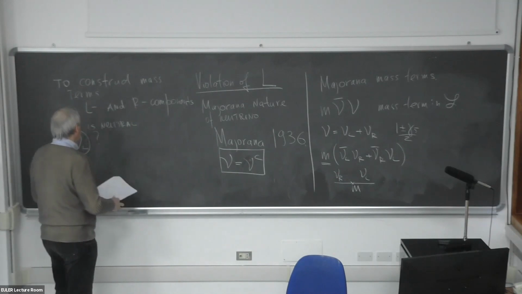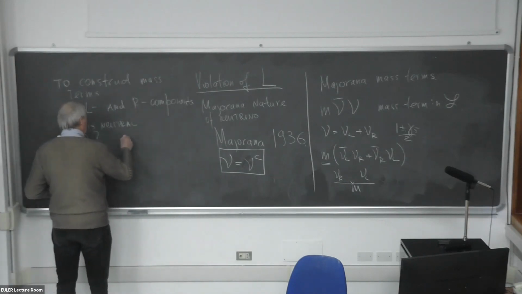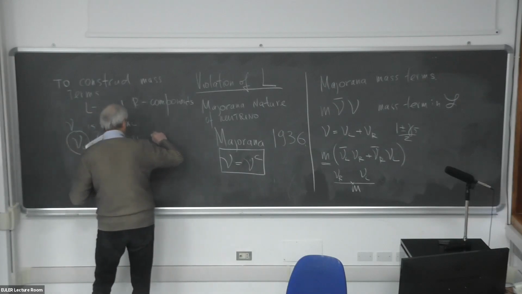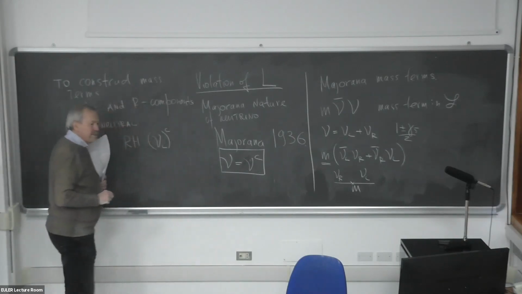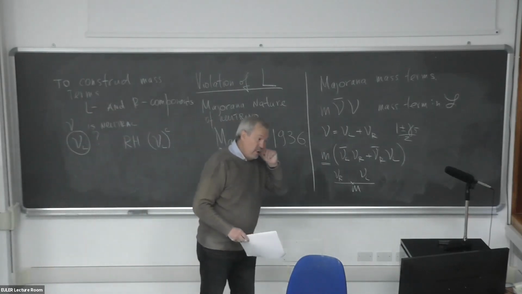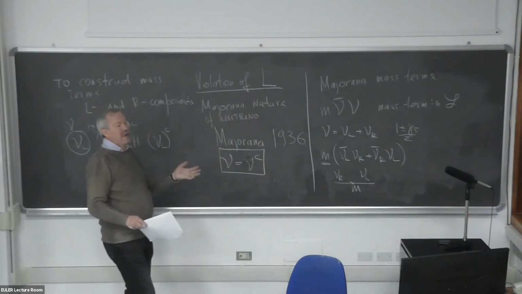So can we construct a mass term, and we have no right-handed component of neutrino? The answer is yes, and we can build up the right-handed component using nu left and performing charge conjugation. You will have an exercise to check this. If you have a left-handed component and make charge conjugation, it becomes a right-handed component.